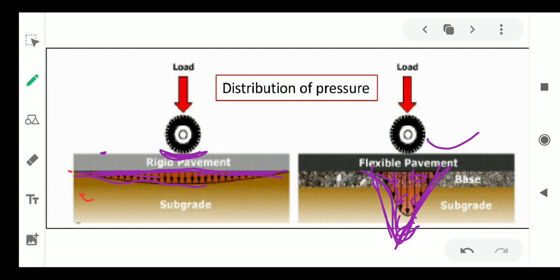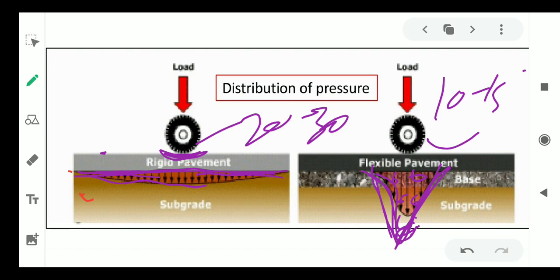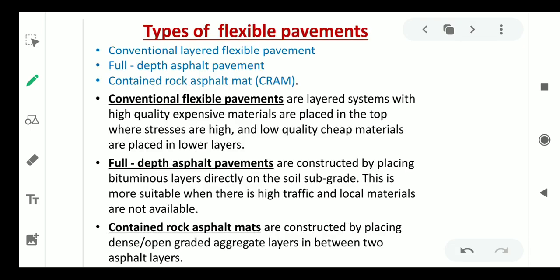Due to this, this type of pavement fails in case of heavy load, and the overall life cycle is low compared to the rigid pavement: 10 to 15 years for the flexible pavement, but 20 to 30 years for the rigid pavement.